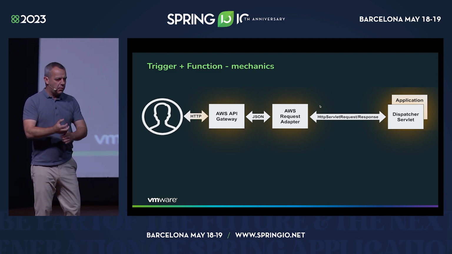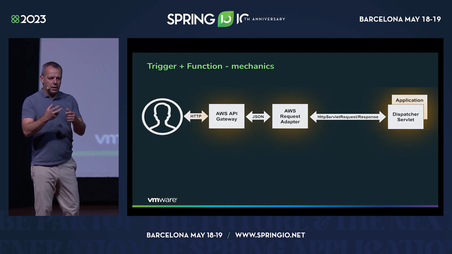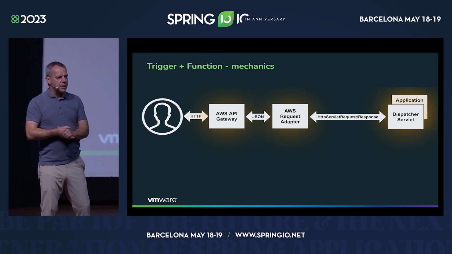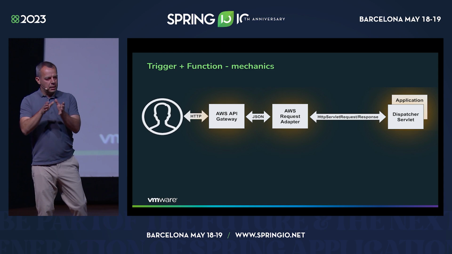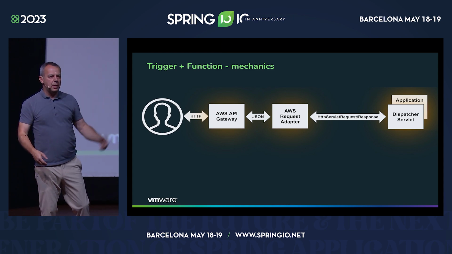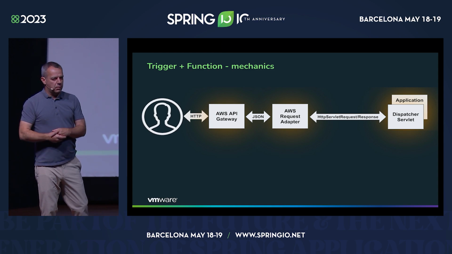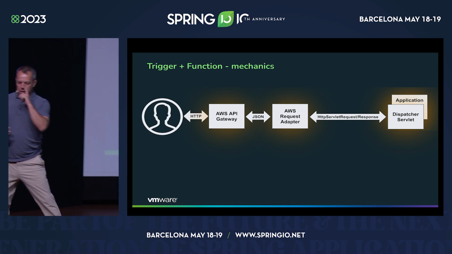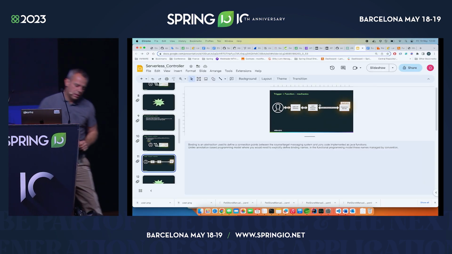We're extracting the path parameters, the arguments, the body, everything needed to construct a proper HTTP request, so the dispatcher servlet can properly route it to a specific REST endpoint, the same way it would with a regular HTTP request coming from an actual server. Does it answer your question? Good. Yes?